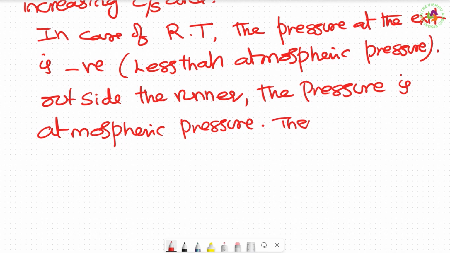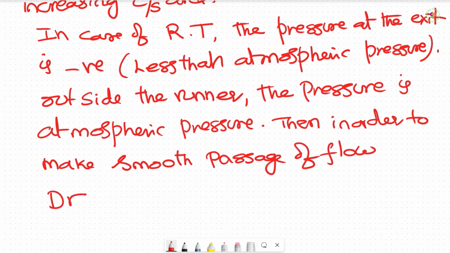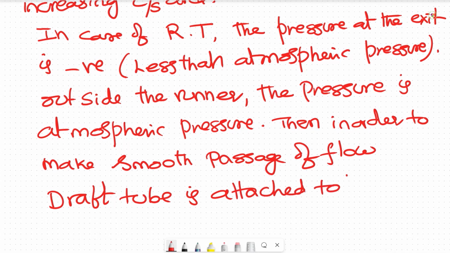Then, in order to make a smooth passage of flow, a draft tube is attached to the exit of the runner.